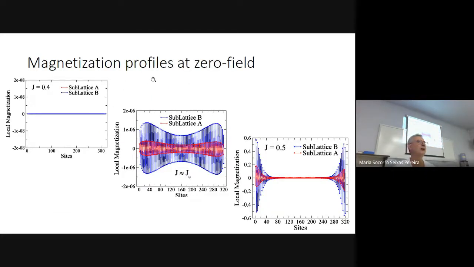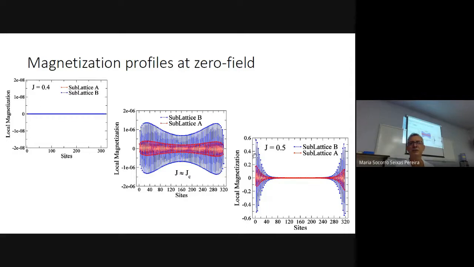Here's the profile of the magnetization along the chain in the case of zero field. For small values of J, the magnetization is strictly zero all along the chain. And for larger values of J, we have the development of edge states.